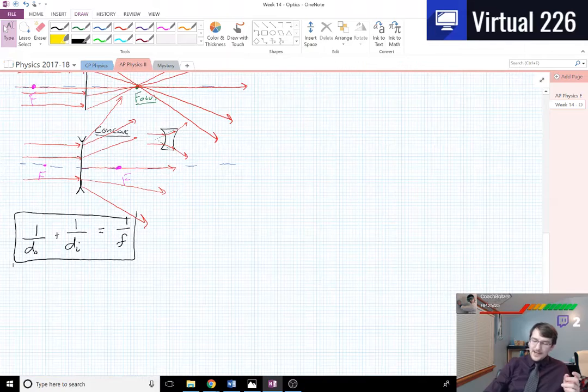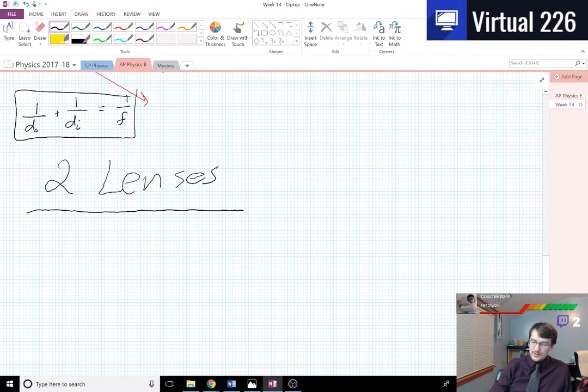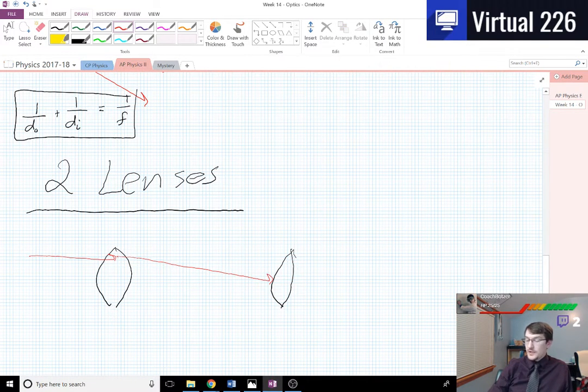The only thing I'd like to highlight right now is if you do have a strange scenario where you have two lenses back to back, like you have a double convex here and then a double convex here, and the light is bending through, and then it's striking the other lens or something of that nature.